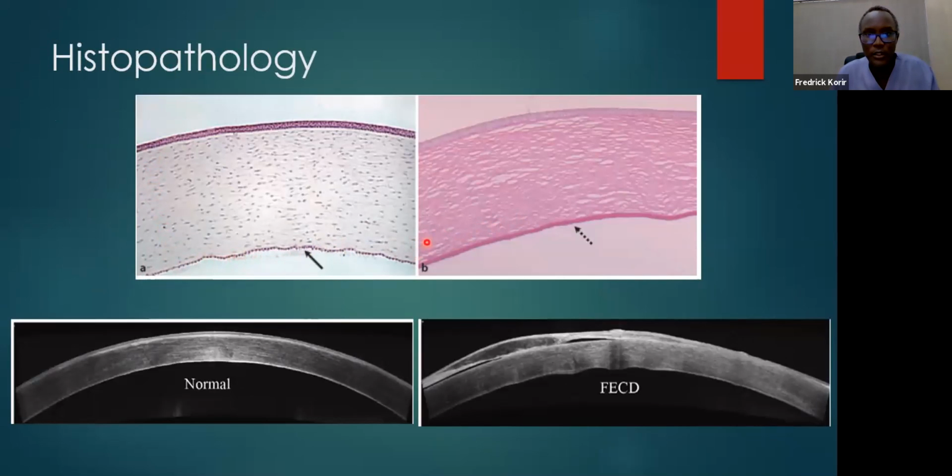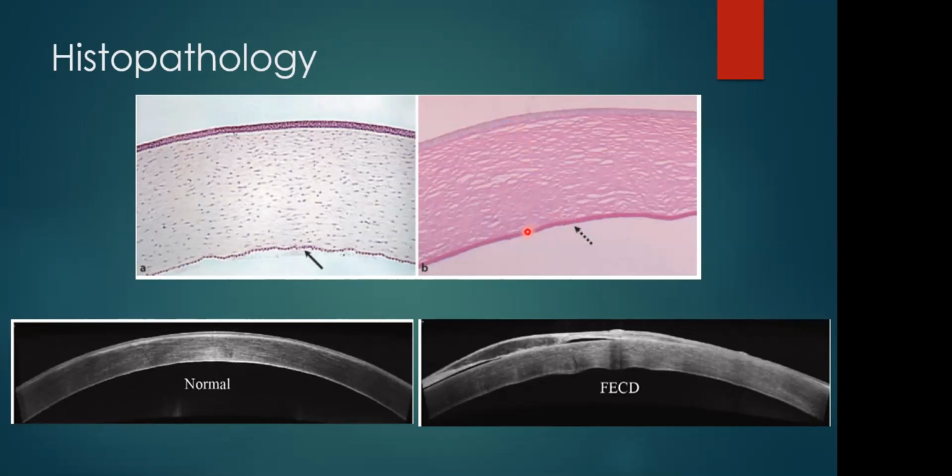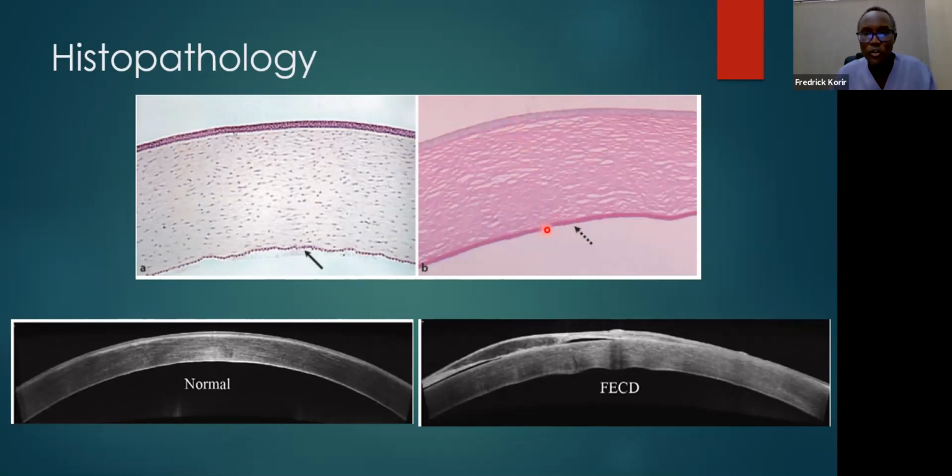To your right, you can see the other cornea: epithelial cells swollen, swollen stroma, and you can see this very thick layer of Descemet's membrane because of the deposition of collagen fibrils by the endothelial cells. This is clinically significant in the sense that when you're doing surgery for this patient, it's very easy to peel off this Descemet's membrane because it's thick and very visible, unlike in a normal patient.